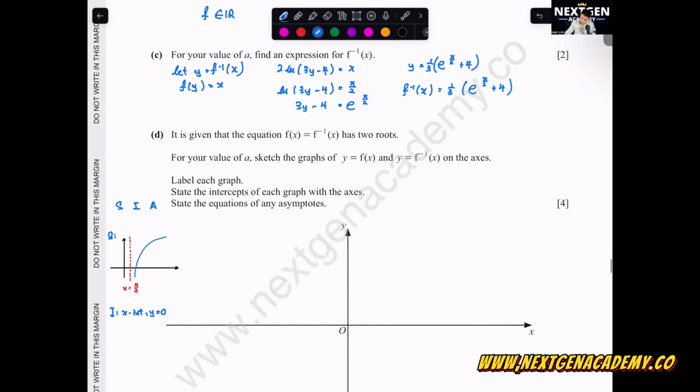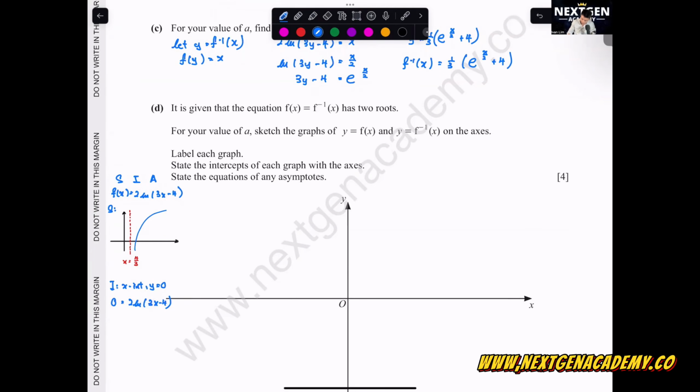What's the equation? f(x) equals 2 ln(3x minus 4). So we've got 0 equals 2 ln(3x minus 4). This will be 0 equals ln(3x minus 4). e to the power of 0 equals 3x minus 4.